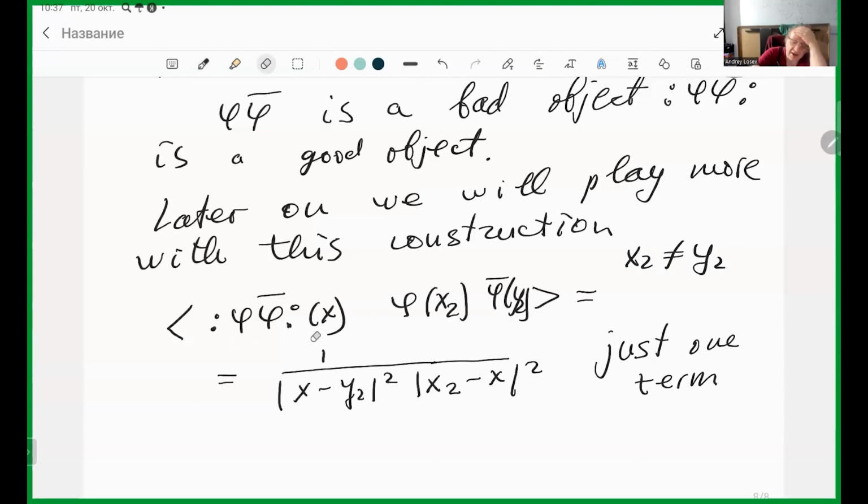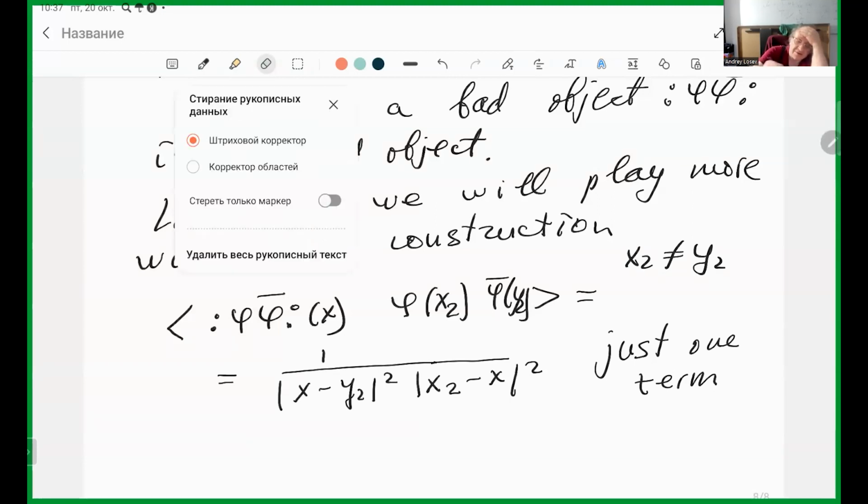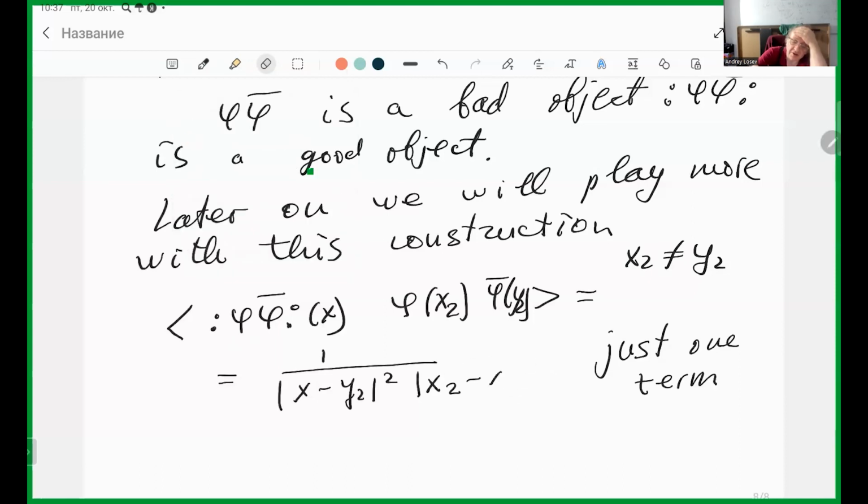Let me see how to correct it. Maybe I was wrong. Here there is no constant.